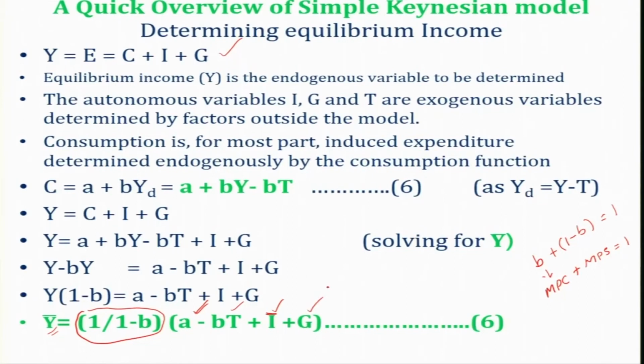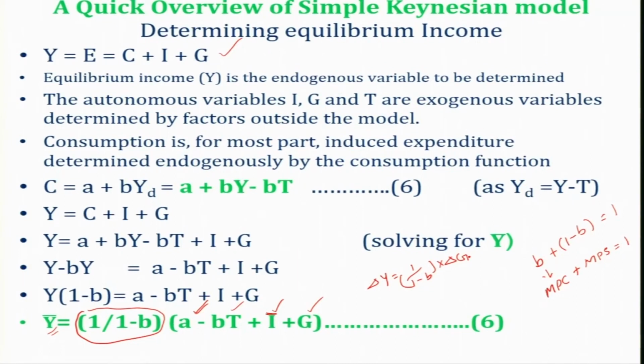To see any change, for example in government expenditure, income will increase by 1 by 1 minus b, that is, the multiplier times government expenditure. For example, del y is equal to 1 by 1 minus b, the multiplier, times del g. So this is the simple Keynesian model.